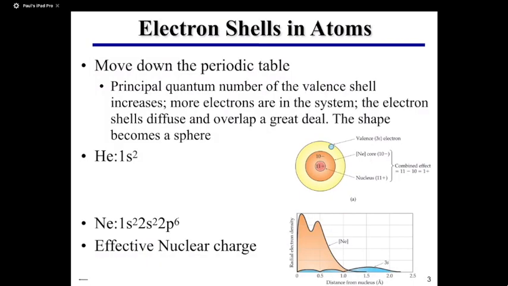Why? All right. What we're doing is we're battling between two things: how many electrons are there, and the effective nuclear charge. Uh-oh. What is the effective nuclear charge? I described it once before. Do you remember?